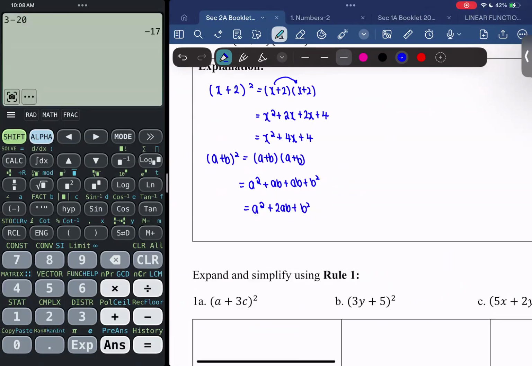Do y'all realize that the x represents A, and the 2 represents B, right? I'm just going to highlight that.